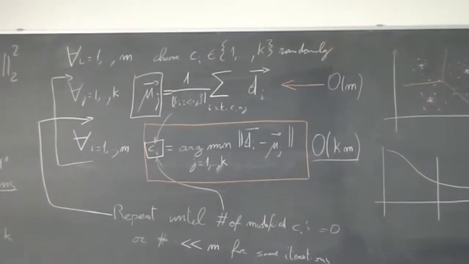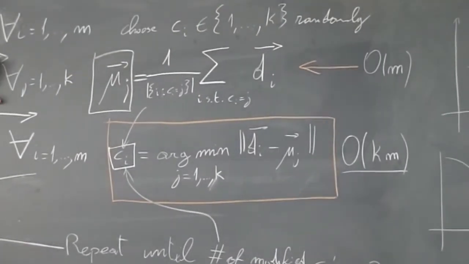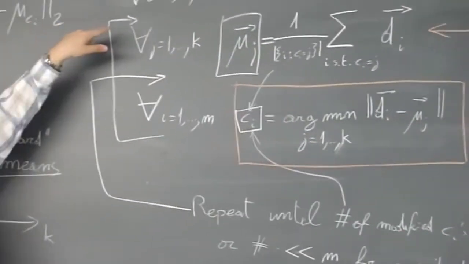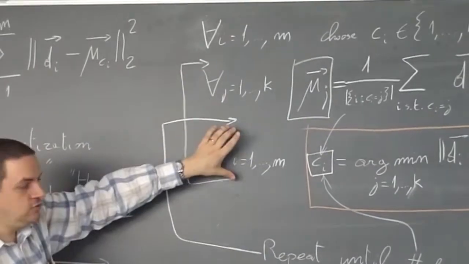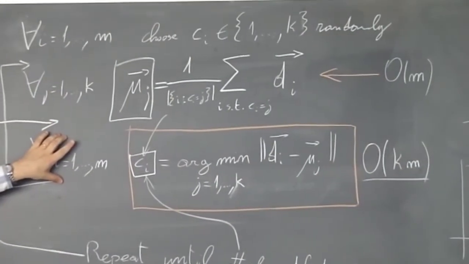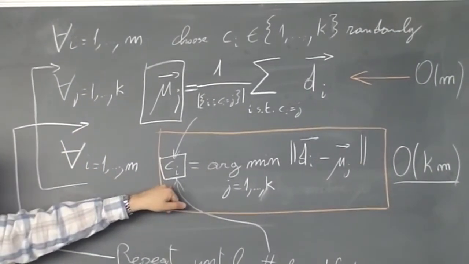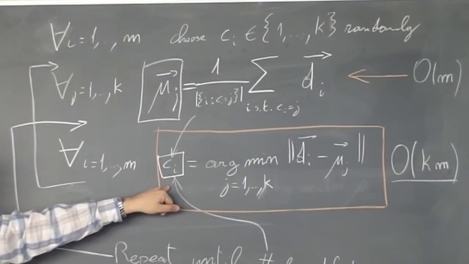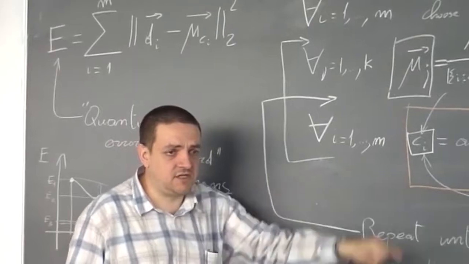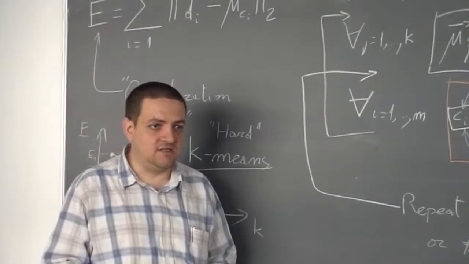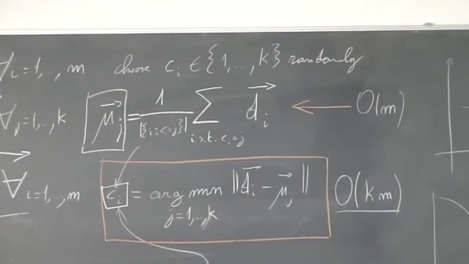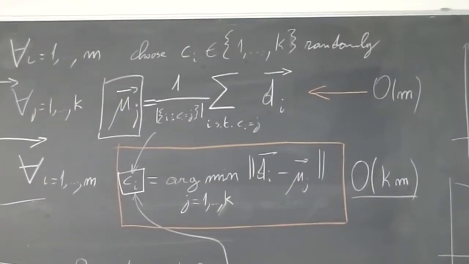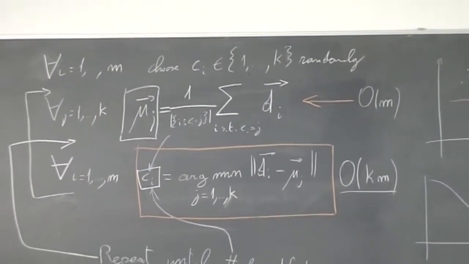So this algorithm is an iteration, and every iteration has two very distinct phases. In the first, we determine a cluster for every element, and in the second, once the cluster has been determined, we proceed with computing the centroids.